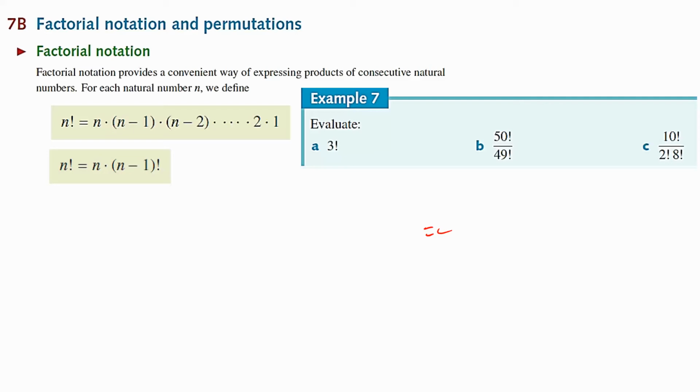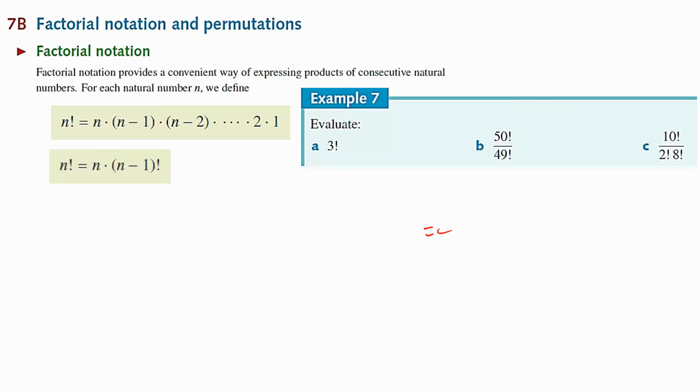So these two are exactly the same, but this one is nice because it only has n. It doesn't have this infinite sequence. You just need n, and you can solve it. So these two formulas are exactly the same.